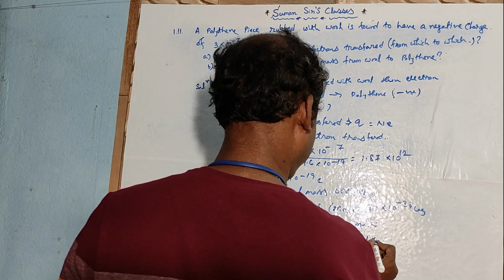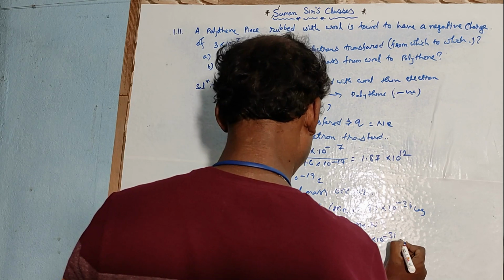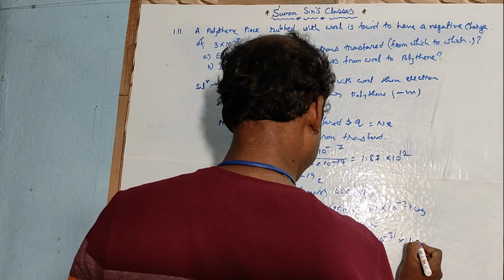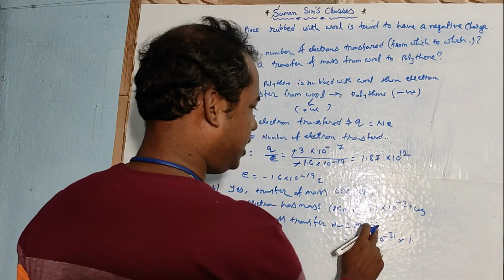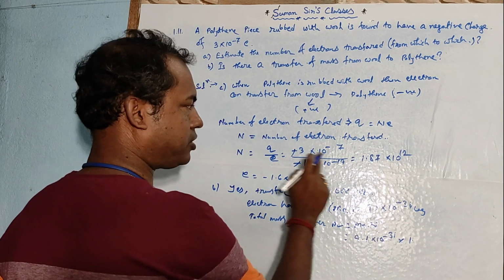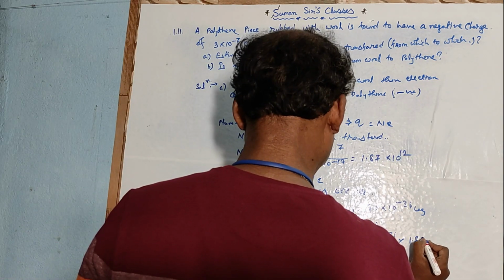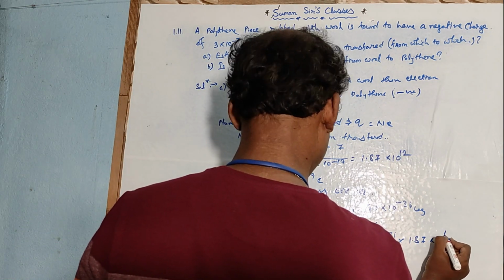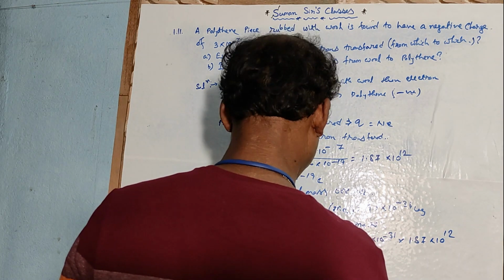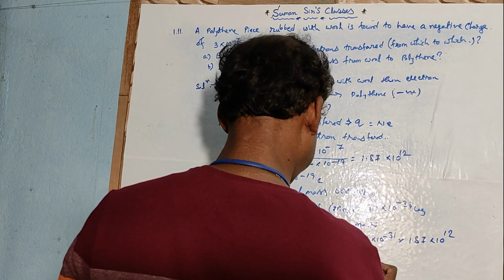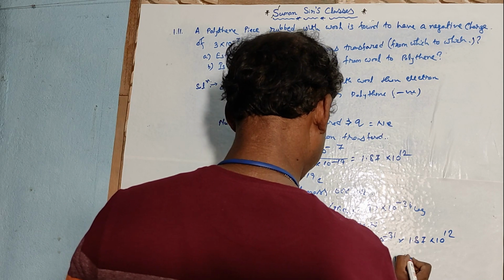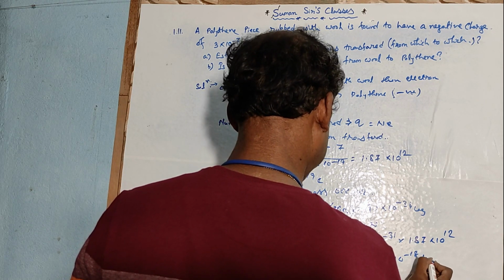That is 9.1 × 10^-31, multiplied by n, the number of electrons transferred, which is 1.87 × 10^12. When it is multiplied, we get the value 1.706 × 10^-18 kg.